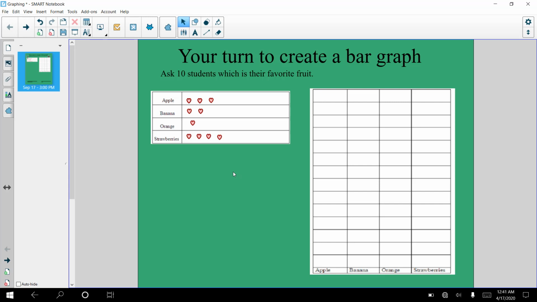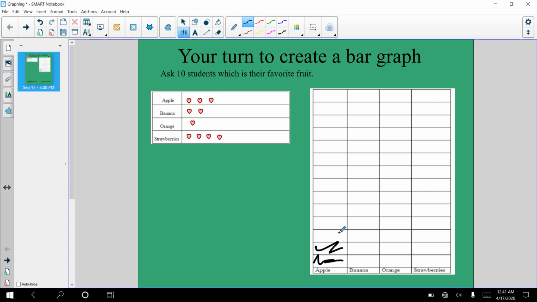What about the pictograph? I have three students who like apples, two students who like bananas, just one student who likes oranges, and four students who like strawberries. And I want to create the pictograph for it. So four students like apples, so I will color four squares.